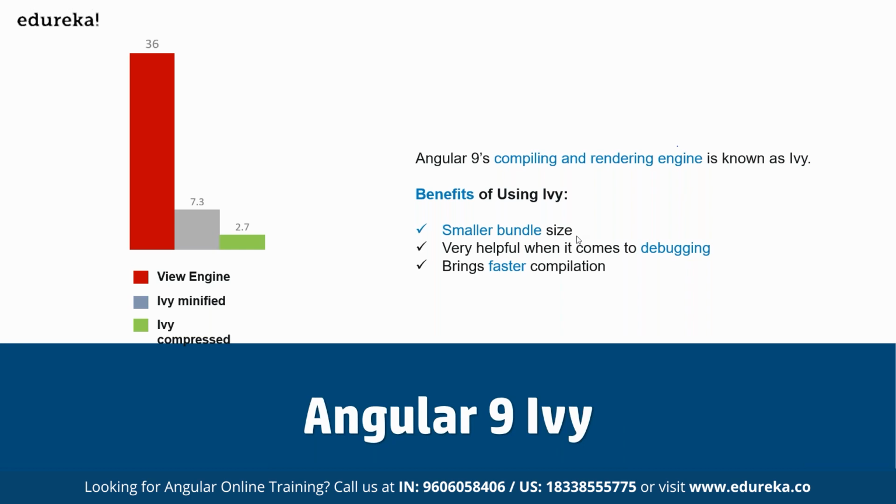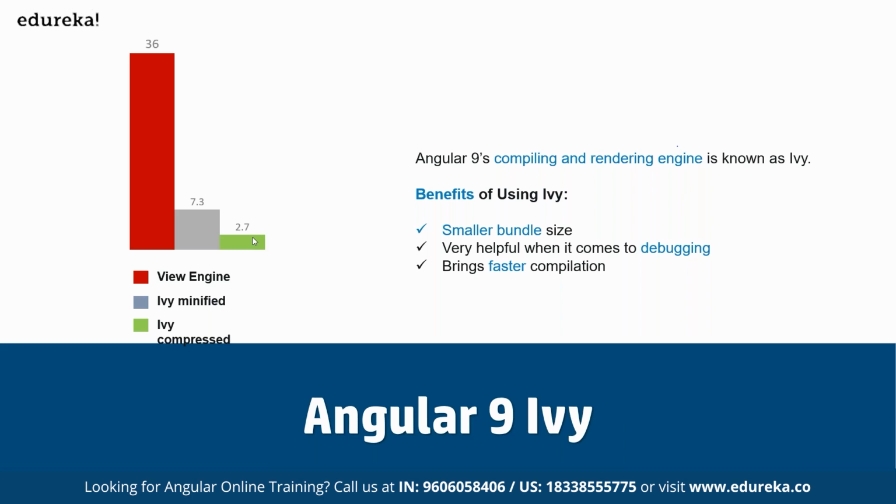Basically, Ivy gives a smaller bundle size, is very helpful when it comes to debugging, and provides faster compilation as compared to other engines. For example, the View Engine takes almost 36 seconds, whereas the same thing can be done in just 7.3 seconds by Ivy minified and 2.7 seconds by using Ivy compressed.